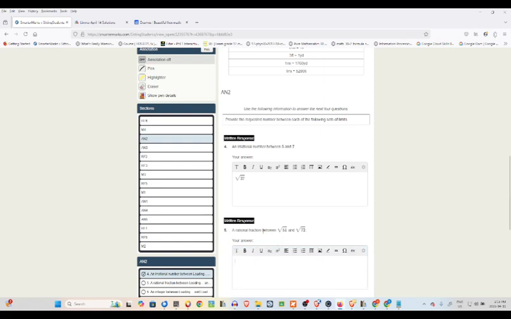Now, a rational fraction, so we want to make sure we have a denominator other than 1, between root 51 and root 72. Well, root 51 is greater than 7, but less than 8, because that's root 49, root 64, and root 81. So we want a fraction typically near 8.